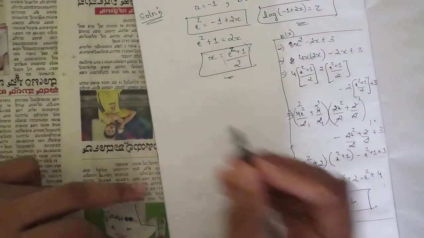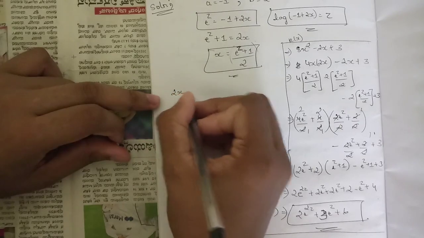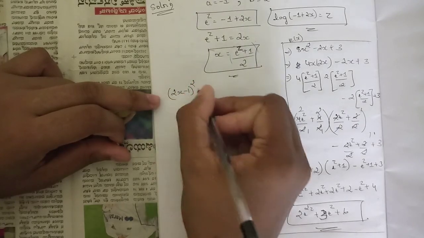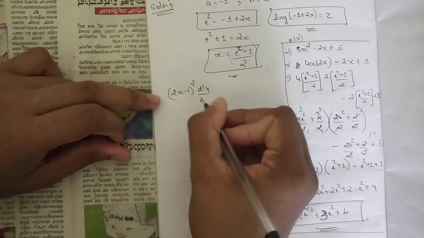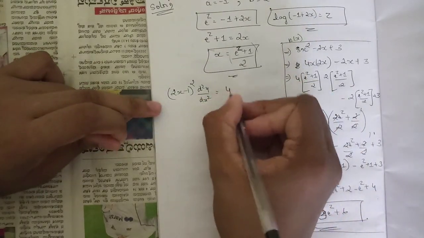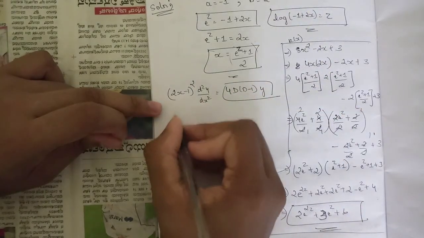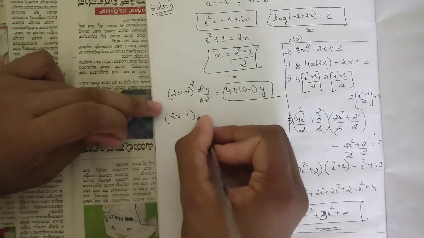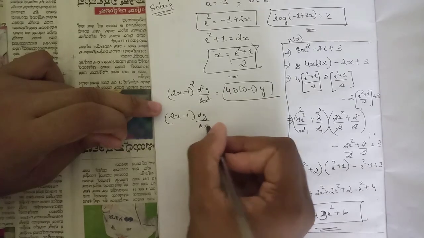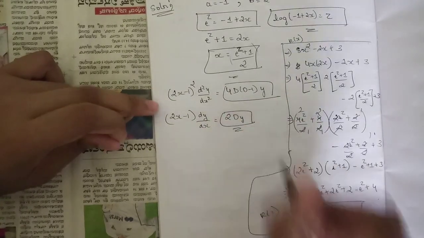Now again replace a few more substitutions, which we have not done. That is, (2x - 1)² d²y/dx² is b², so the value of b is 2, so 4D(D - 1)y. Also (2x - 1) dy/dx, the value of b is 2, so 2Dy.